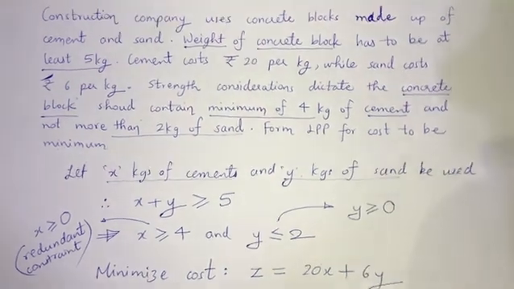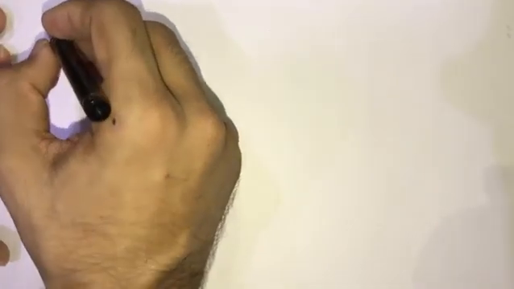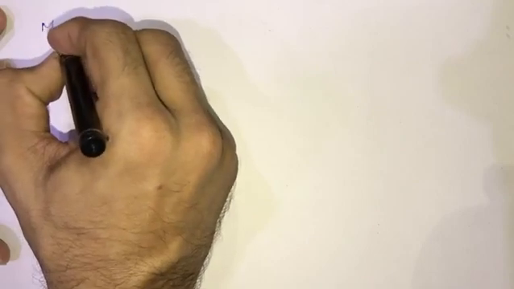Okay, so that is the problem. I'm going to write down the problem again. Your problem can also start like this. You might not get the word problem, but they might give you the problem like this.